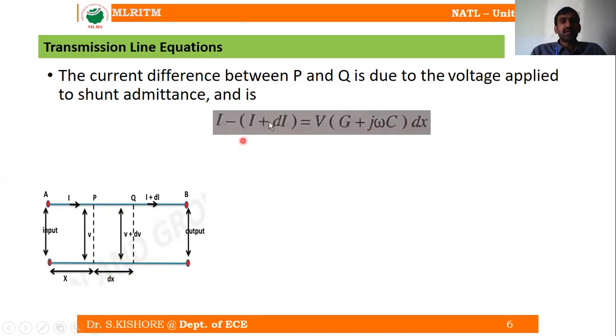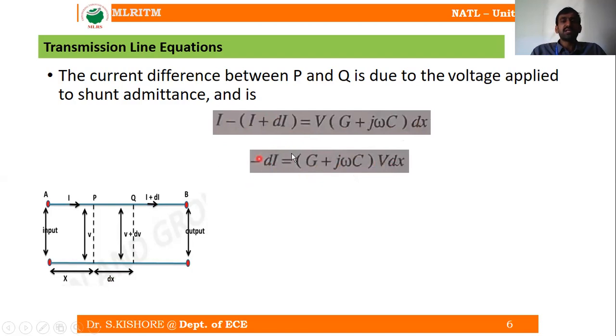So I minus (I plus dI) is equal to V into (G plus j omega C) dx. Simplifying, I minus I cancels, so minus dI equals (G plus j omega C) V dx.